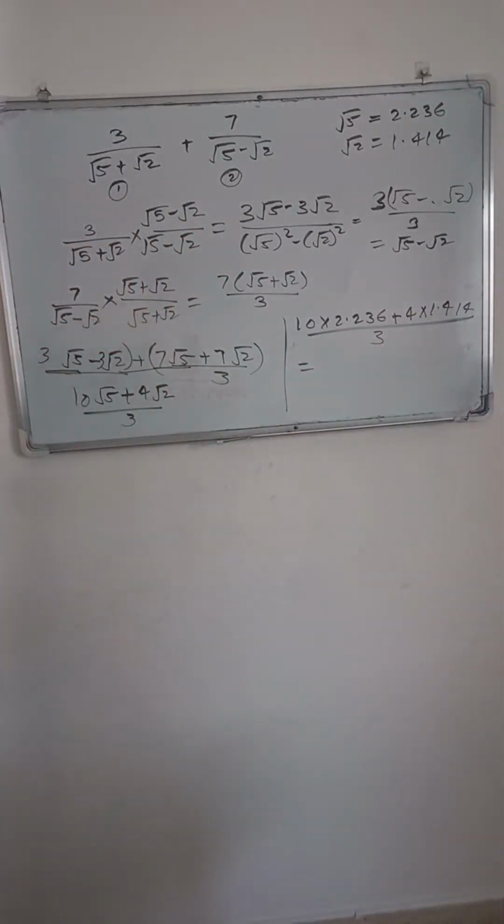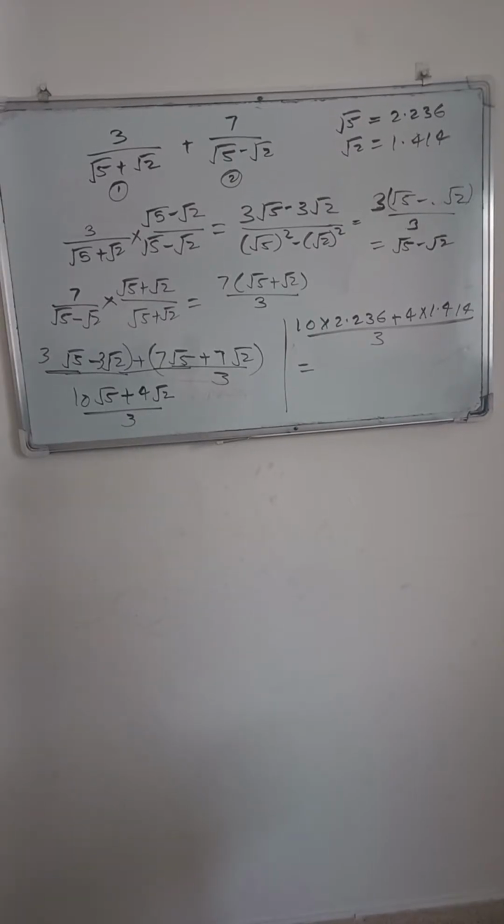Since 10 is multiplied, the decimal gets shifted towards the right side, and 4 into 1.414 you can do and check. So check what is the answer.